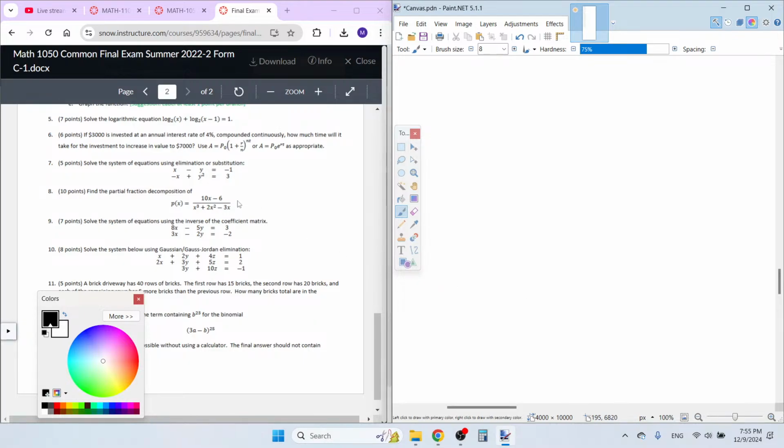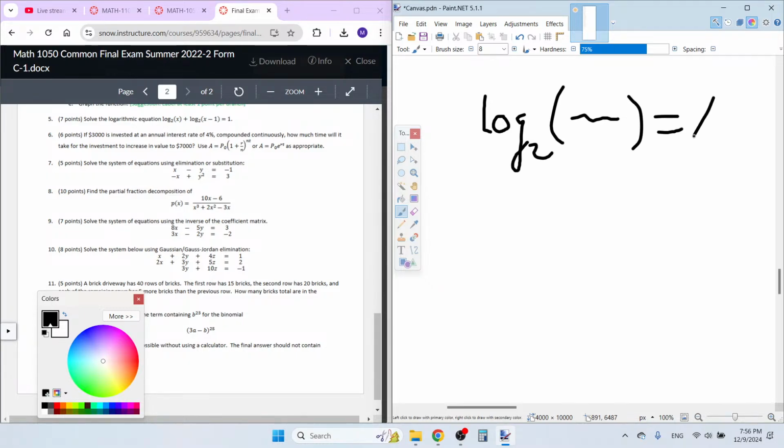So in this case, we're going to have the second situation where we're trying to get it to be the log base 2 of something equals a number. That's the goal.